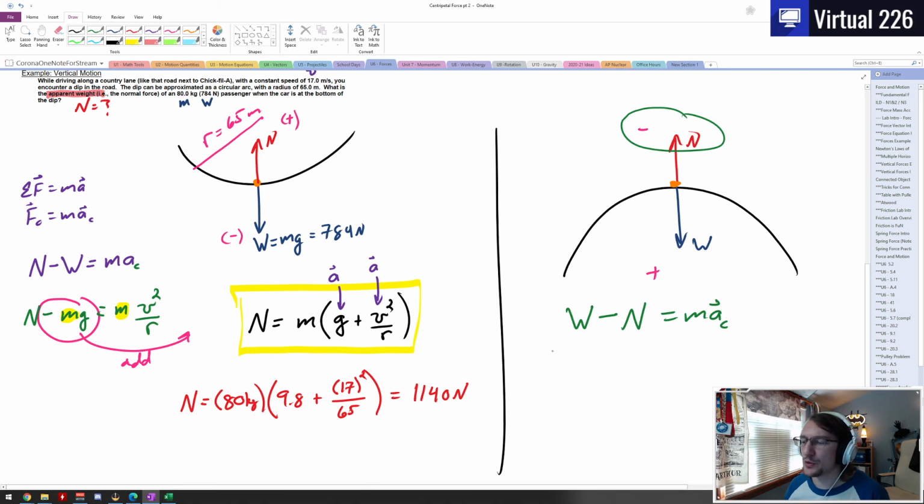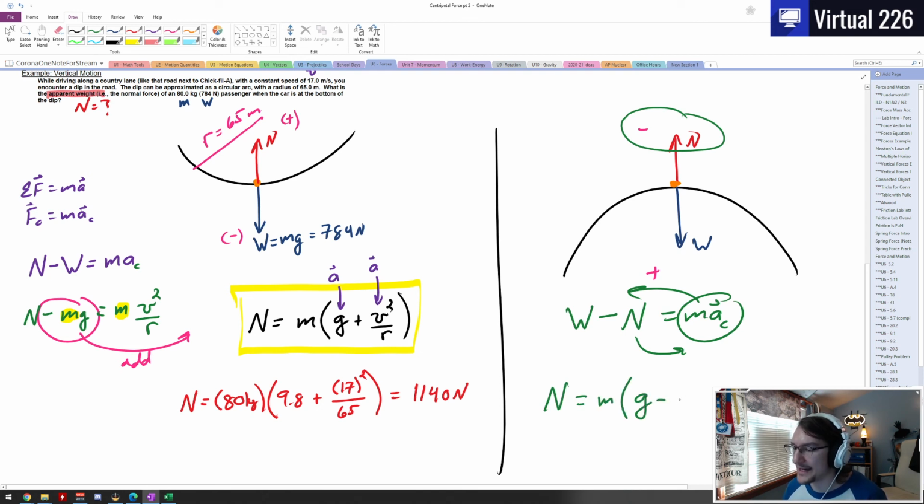And if you move some things around here, we move the normal over, we move the ma term over, and then pull out the mass again. What we find is that the normal force will equal the mass times gravity minus v squared over r.